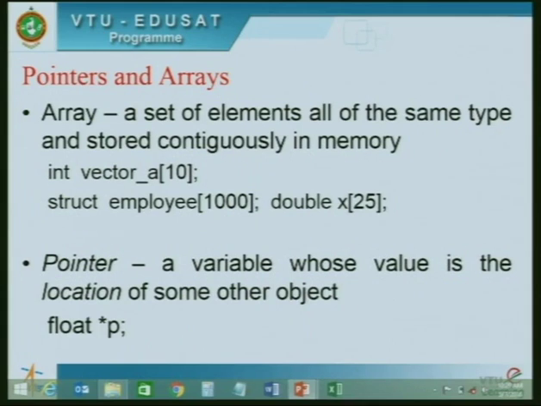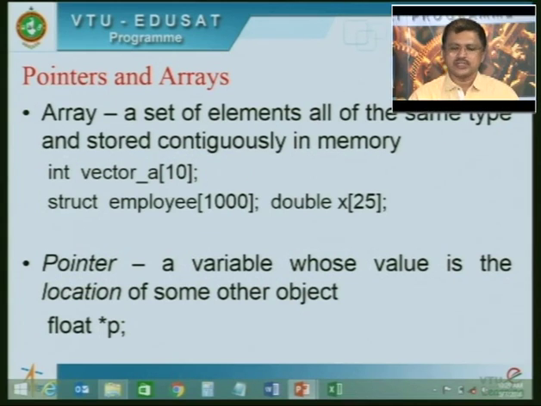You know, an array is a set of elements all of the same type and stored in contiguous memory locations. I think you must have used arrays in several examples before. Okay. So, we will just do a recap and then see what is the relationship between pointers and arrays. So, you have int vector_a[10]. So, what does this mean basically?